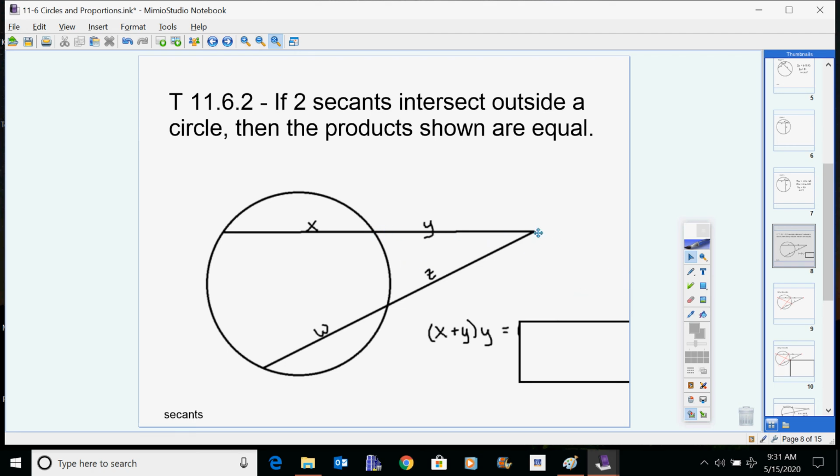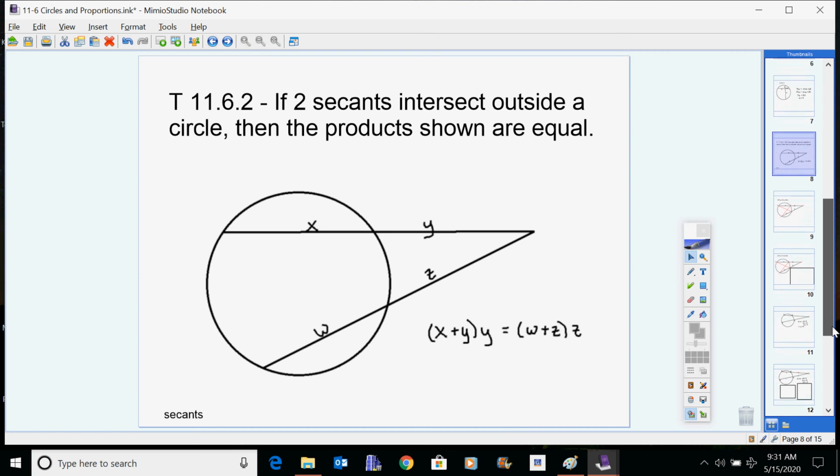But you take the product of y and x plus y, and that equals the product of z and w plus z. This is your important part. Make sure you write down this drawing and this formula and this theorem about secants. Once again, your third keyword.